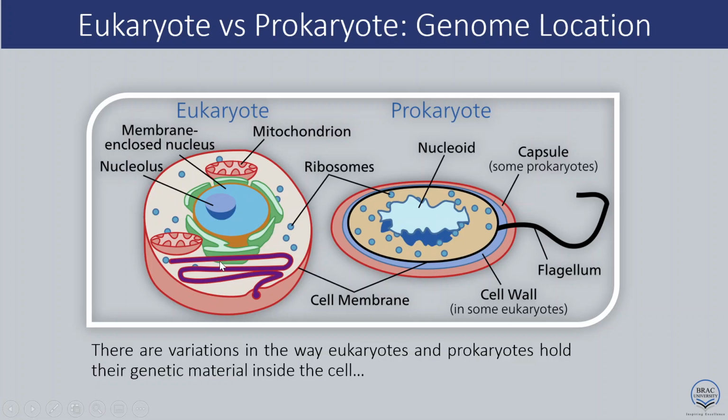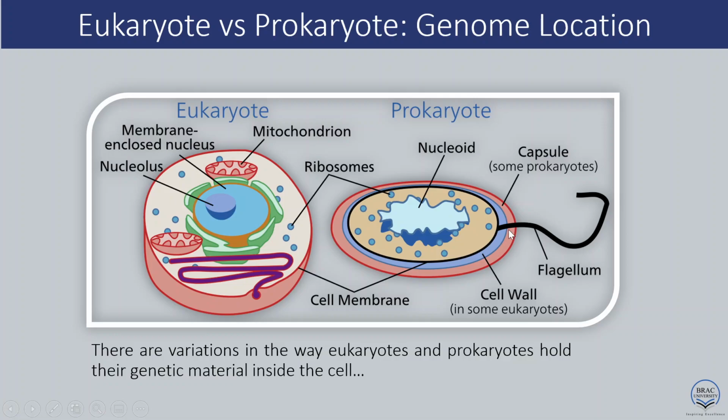But in eukaryotes the DNA is well defined within the double membrane, in a compact space. So that's the main difference. Although there are some other differences such as cell wall and flagella, those are not important in this chapter.